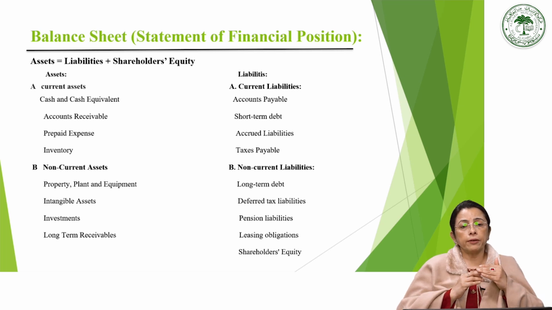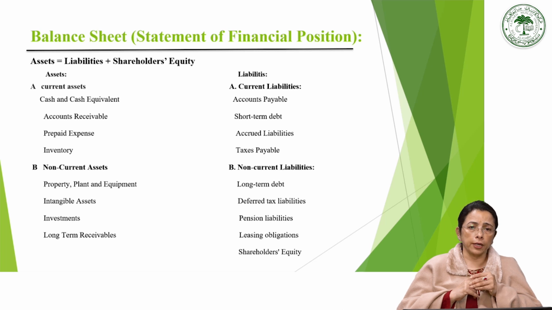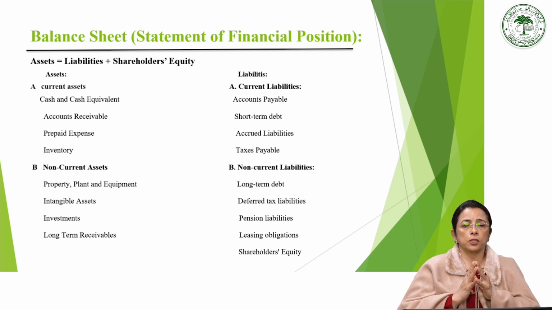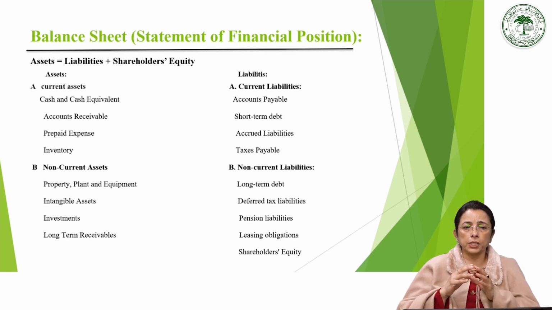But on the left side we have the liabilities as well as shareholders' equity, or it can also be owner's fund, which means the money brought in by the businessman into the business in order to run it.